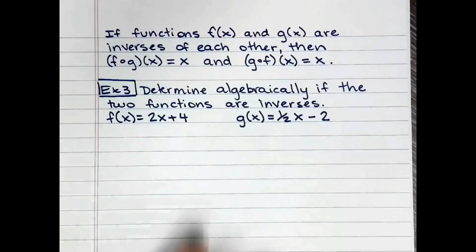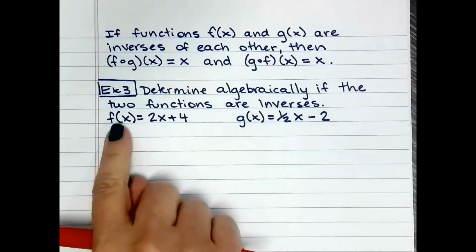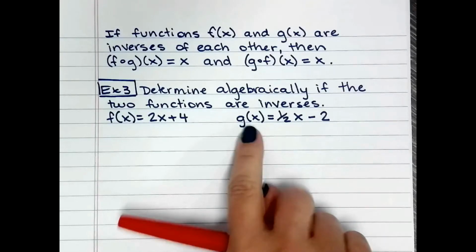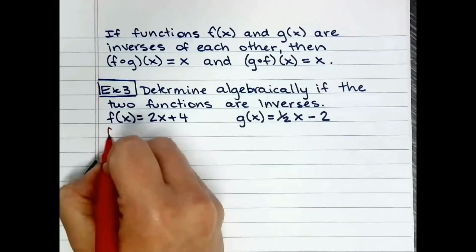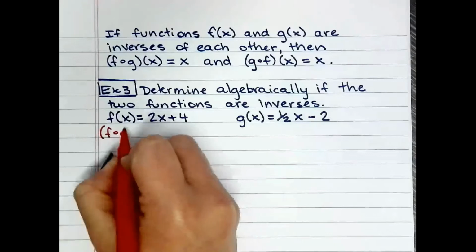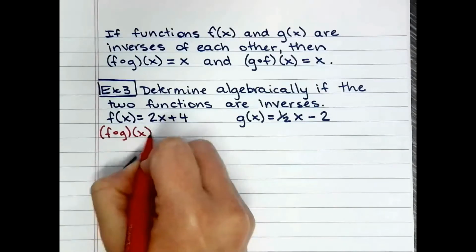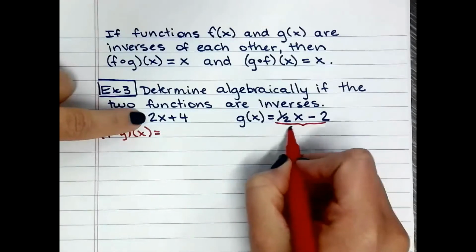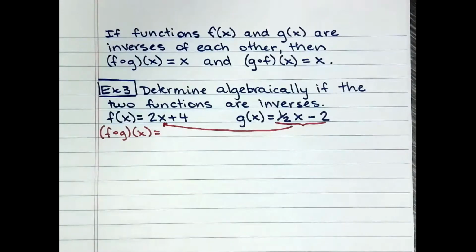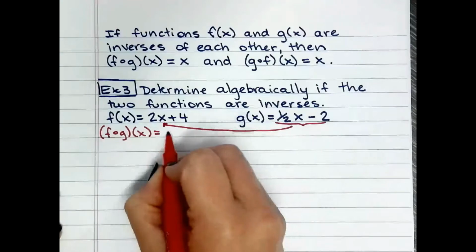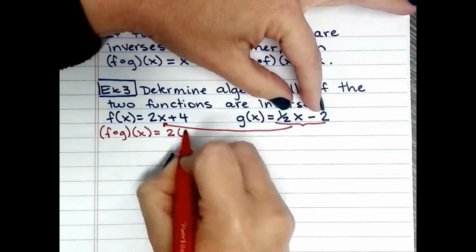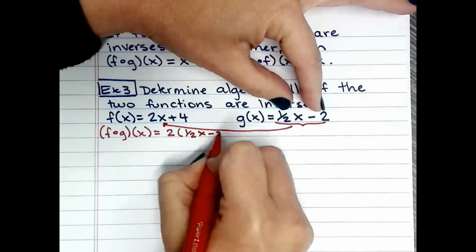So if I need to determine algebraically if f of x and g of x are inverses, I need to do the composition of functions. So I will try first f composed g of x. So I'm going to get the function g right here and substitute right there for x. So 2 times that, and then I'm going to compose that.